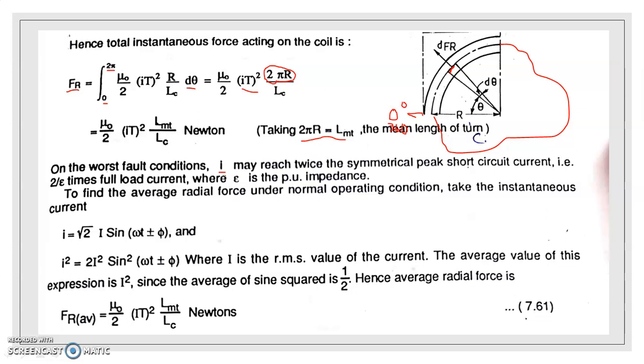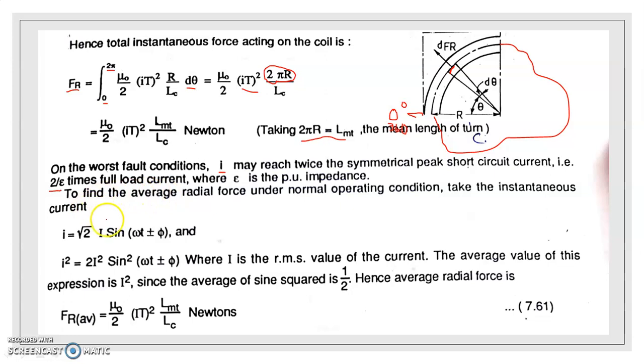Under the short circuit current, you can consider that the instantaneous current jumps to 2 upon epsilon times the full load current. Epsilon is simply the per unit impedance, so 2 divided by impedance, 2 upon epsilon.